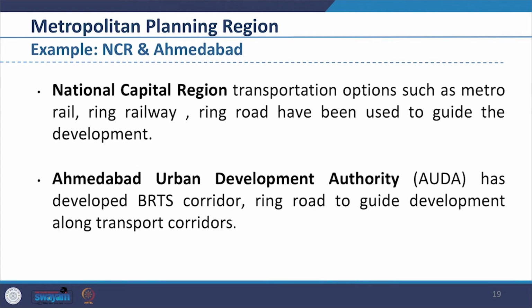In the National Capital Region, transportation options such as metro rail, ring railway and ring road have been used to guide the development. Ahmedabad Urban Development Authority, AUDA, has developed BRTS corridor and ring road to guide development along the transportation corridors.